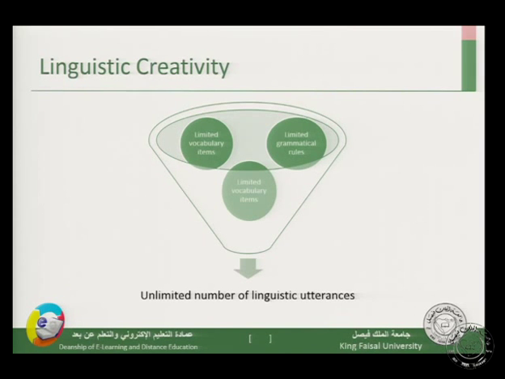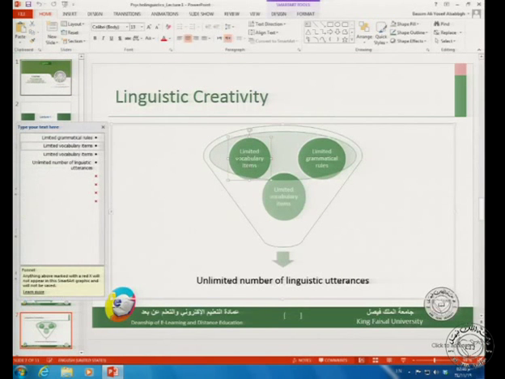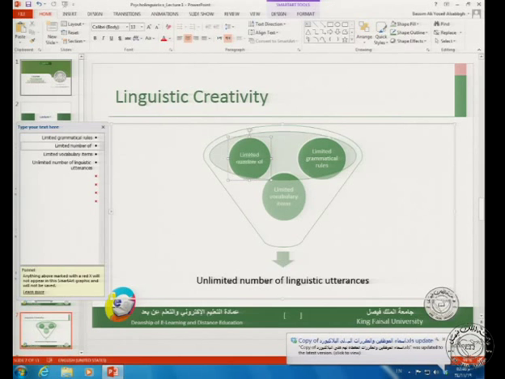At the end we have a limited number of vocabulary items. And of course we have a limited number of phonemes. We have a mistake here which I will correct. We have a limited number of phonemes.